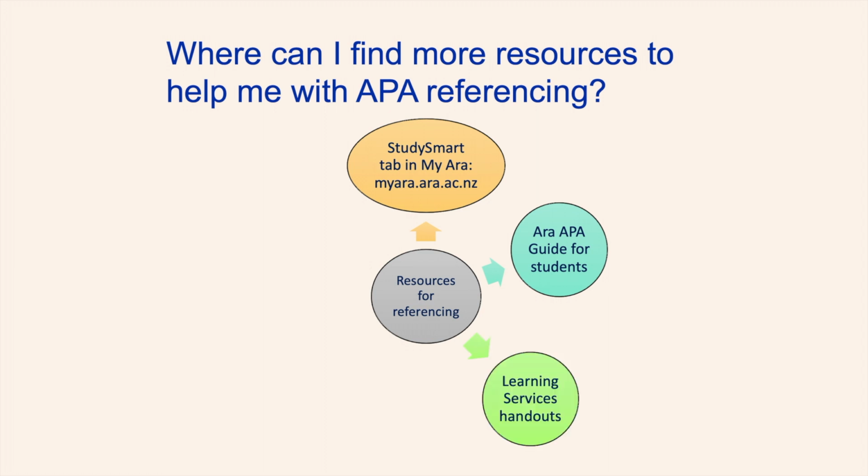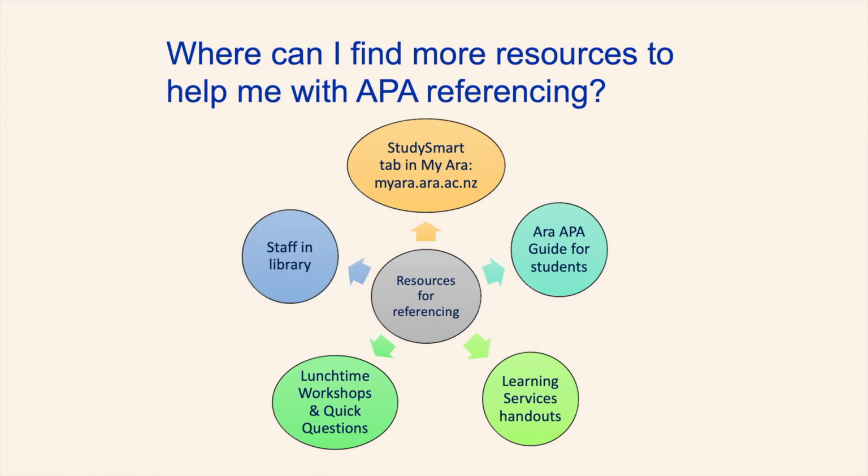There are physical and digital learning services handouts available with APA referencing information, and a number of APA referencing supports at the Learning Services workshops and quick questions. The staff in the library are also keen to help you with referencing. All of the information about these supports is found on MyAra.